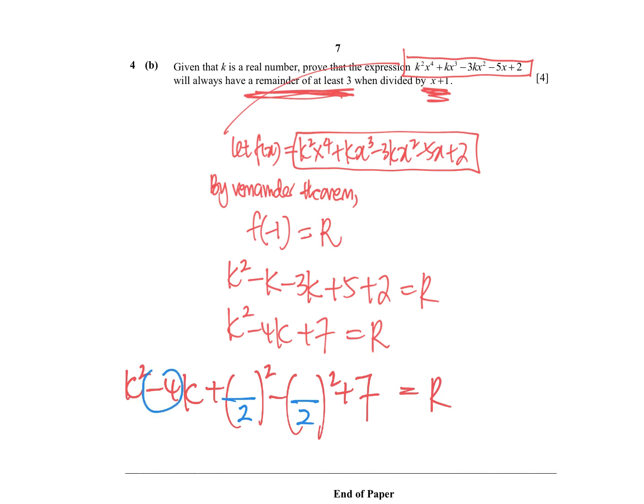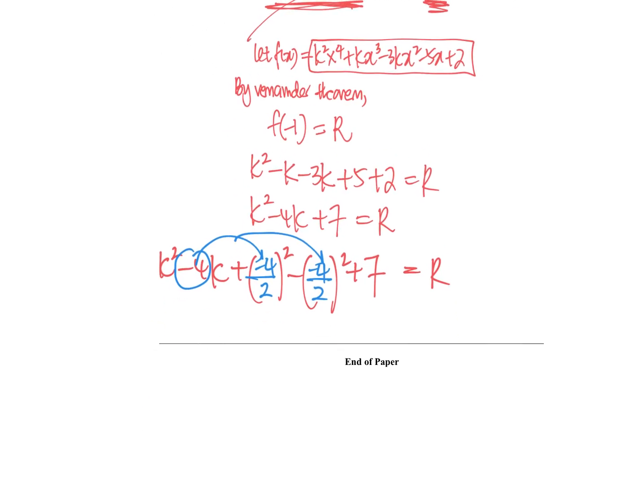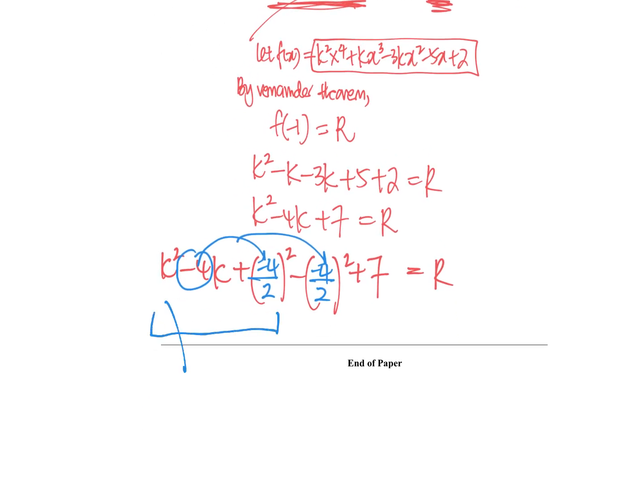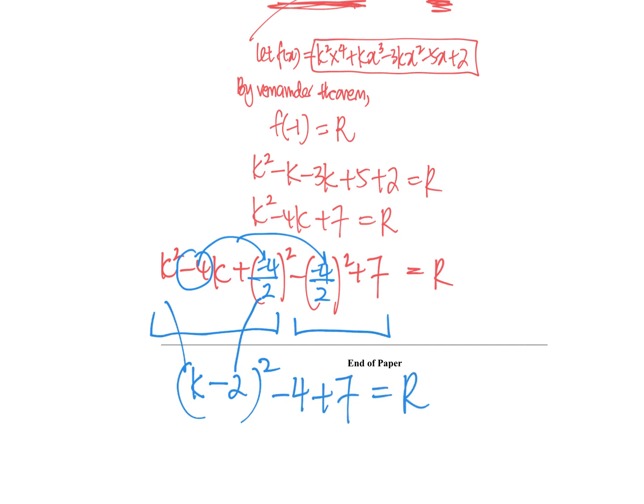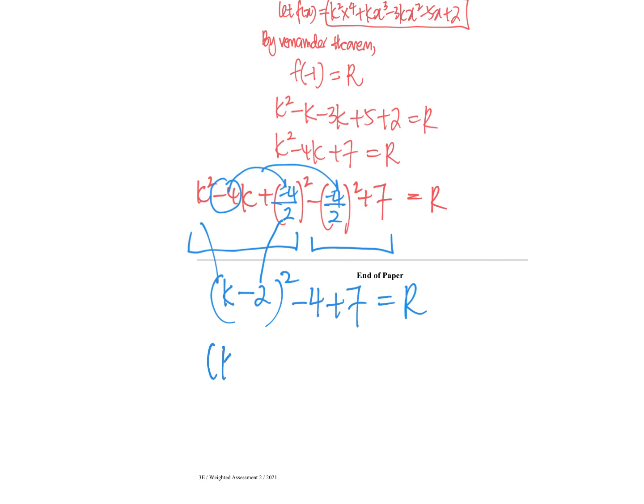The number I put in here will be -4. So the first 3 terms is my k minus 2 square. These 2 will give me -4 plus 7. So what do I get? I get k minus 2 square plus 3.